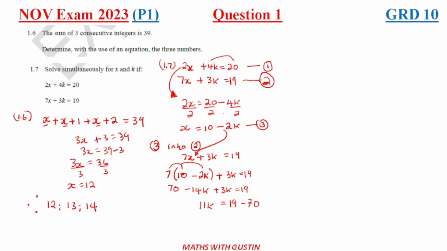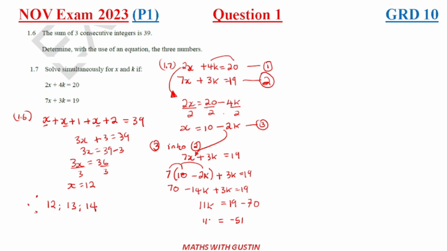All right, great stuff. So now we have got 11k in this case. Guys, don't cheat yourself, you're going to need a calculator. Okay, so 19 minus 70, just double check me, is going to be negative 51.